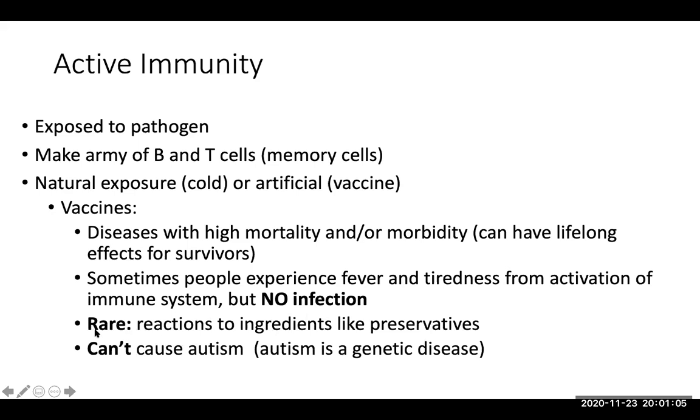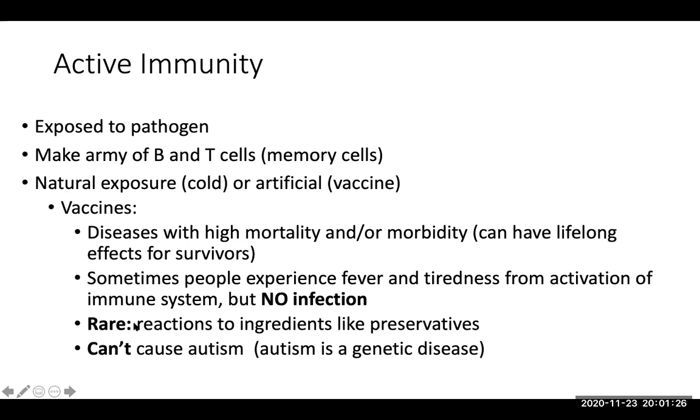And it's so incredibly rare, but there are some people that are allergic to certain ingredients, and then their medical records would be marked and they would not be given any more vaccines. This is another reason why everyone who can should get vaccinated, to protect those people who can't.